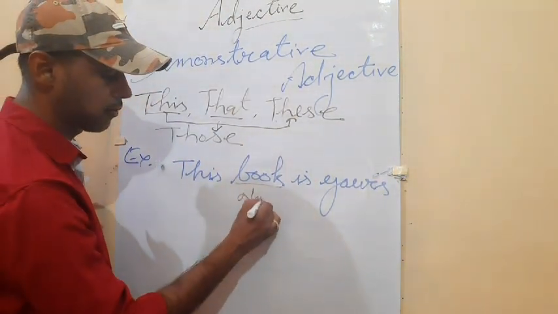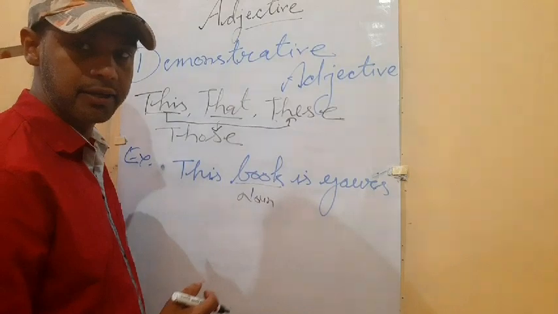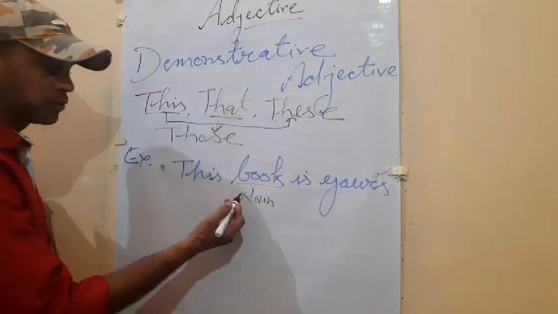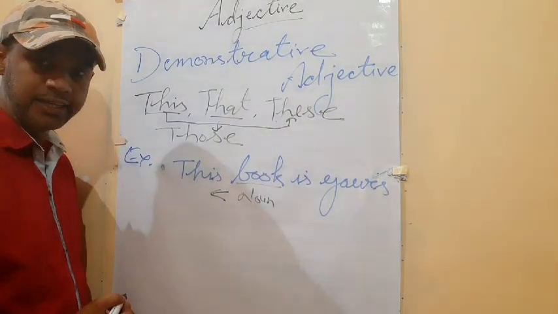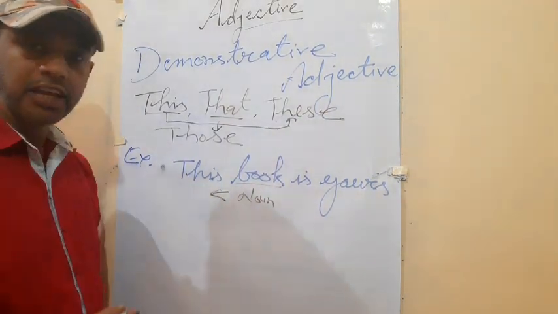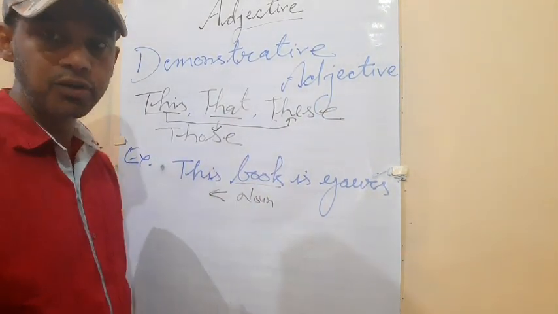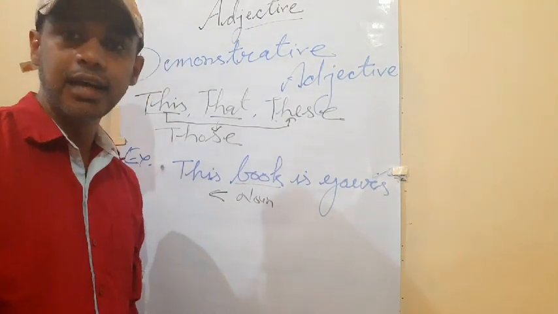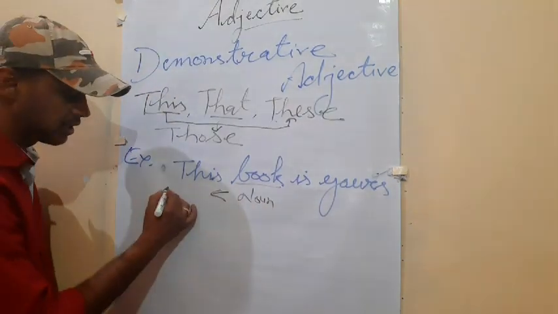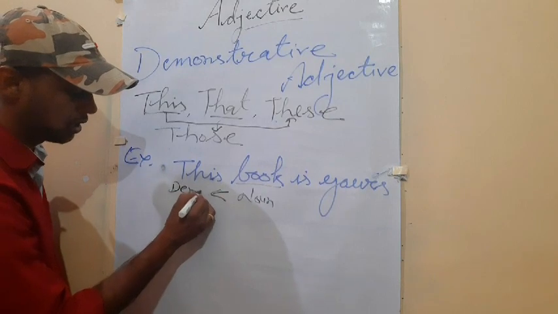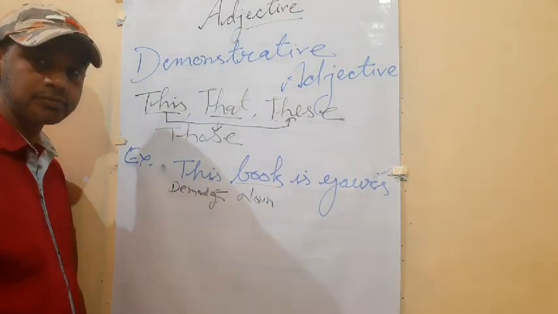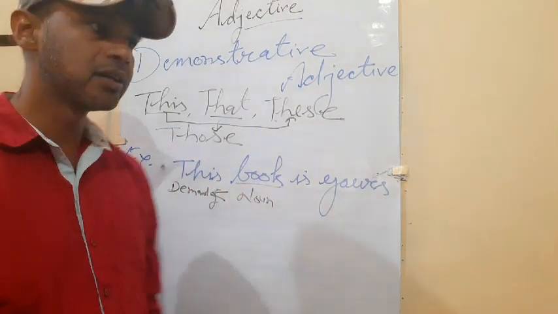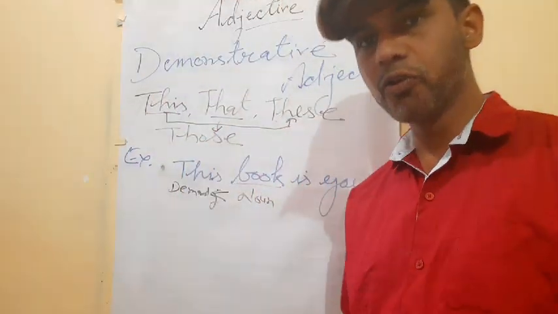Noun, singular. Before the noun, if any word comes, that word is considered an adjective, as I already told. So here this is a demonstrative adjective. You may make several examples in your own way.